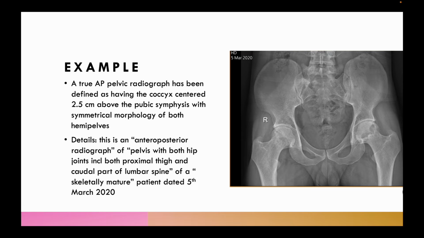Here you can see the coccyx is not ending 2.5 centimeter above the pubic symphysis, so it is not a true AP radiograph. So you can comment upon this when you are double sure. Here it is very obvious, so this is not a true anteroposterior radiograph, and you can specify this only when it is asked. Otherwise, just state that this is an anteroposterior radiograph.